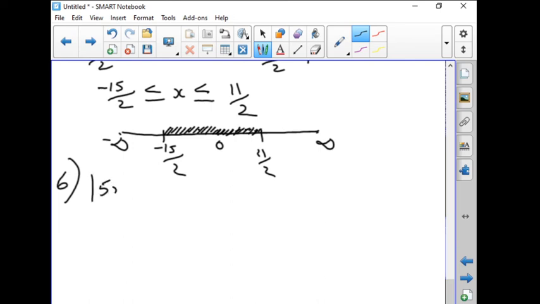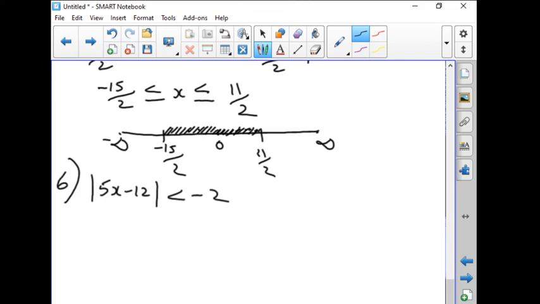Modulus of 5x minus 12 less than minus 2. So see here, minus 2 is a negative value. When you see the modulus, it is the absolute value. So when you have modulus, it cannot be negative.